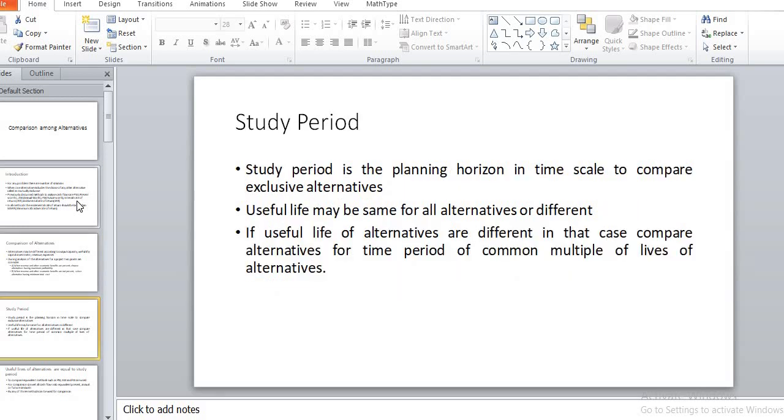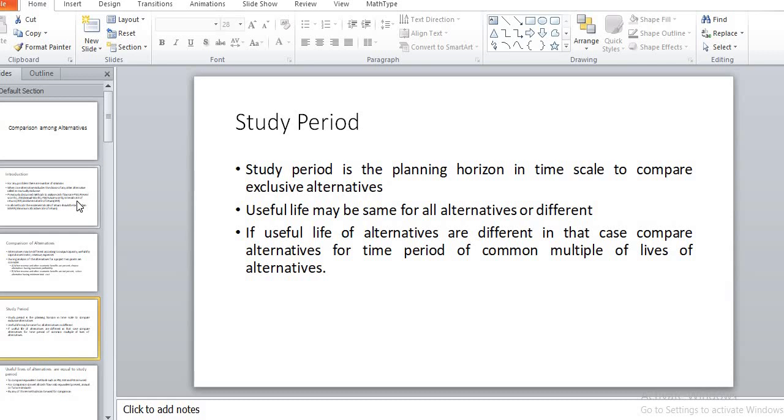Now the study period. In the previous topic we discussed only one project, which had a certain lifespan or time period, and for that time period we decided whether the project is economical or not.